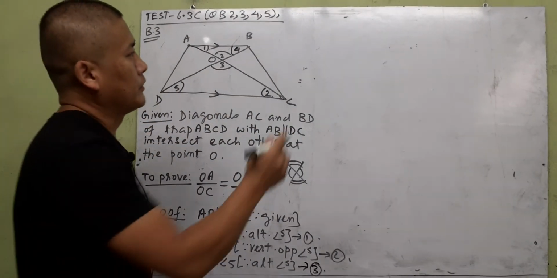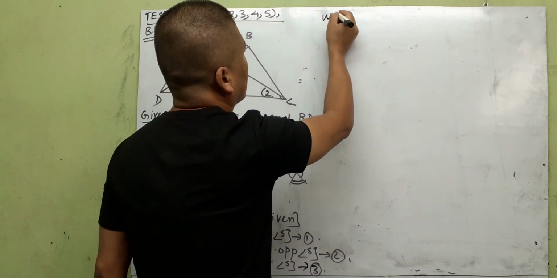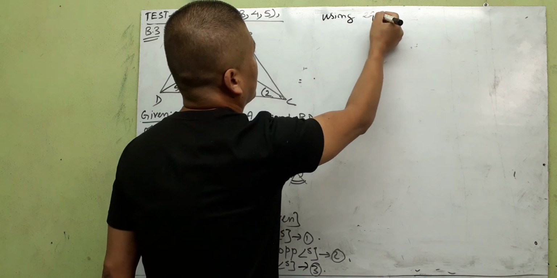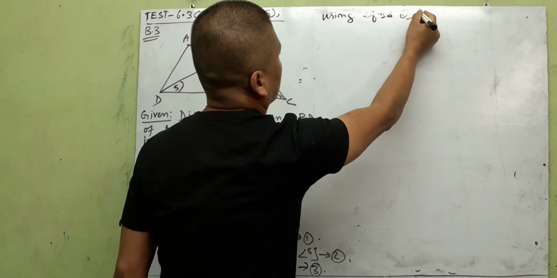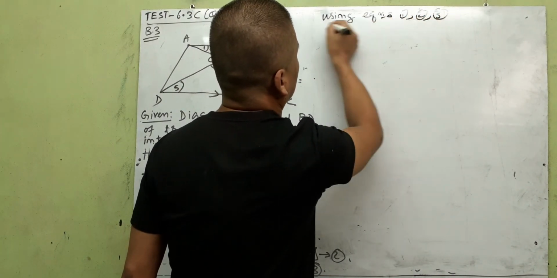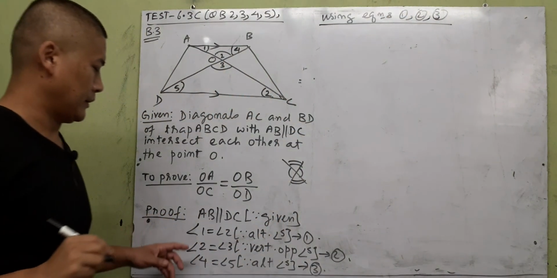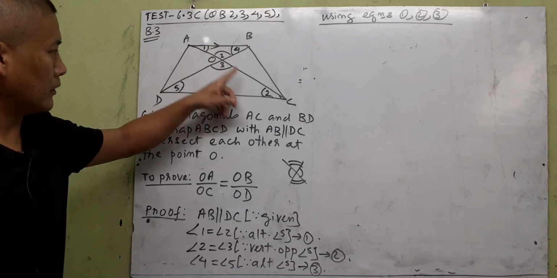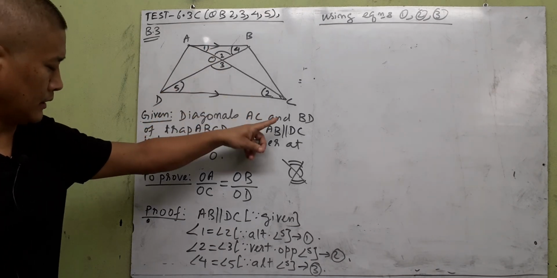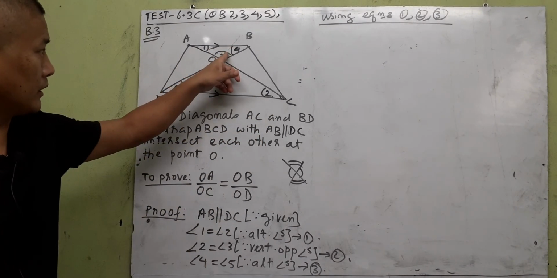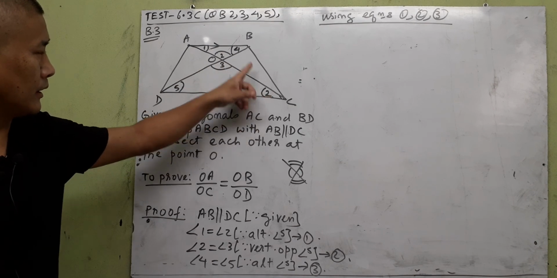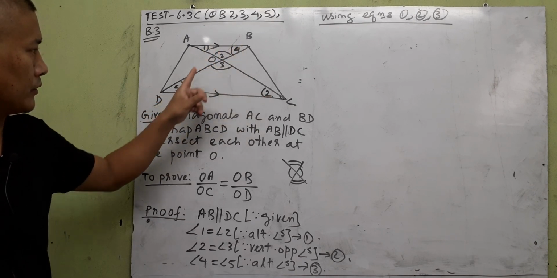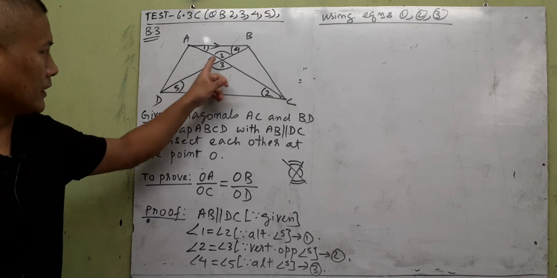So now, using equations 1, 2, 3, what do you observe? That angle 1 inside this triangle AOB equals angle 2 inside DOC, 2 inside AOB equals 3 inside DOC, 4 inside AOB equals 5 inside the triangle DOC.